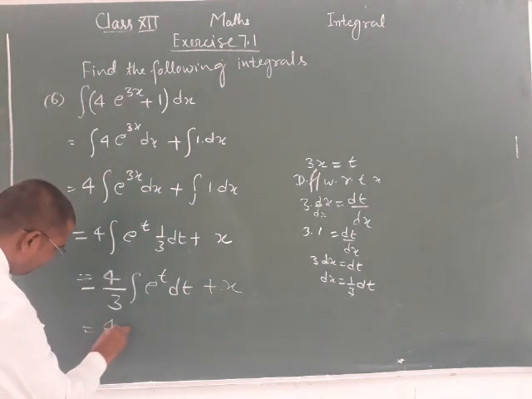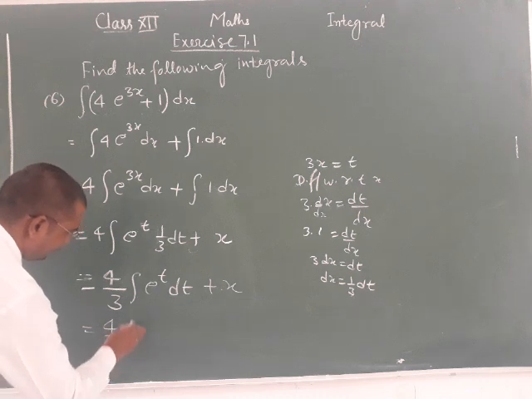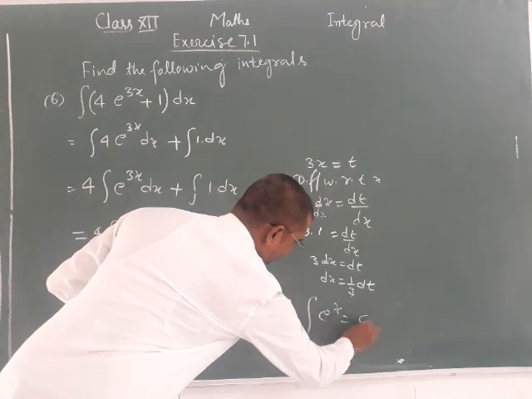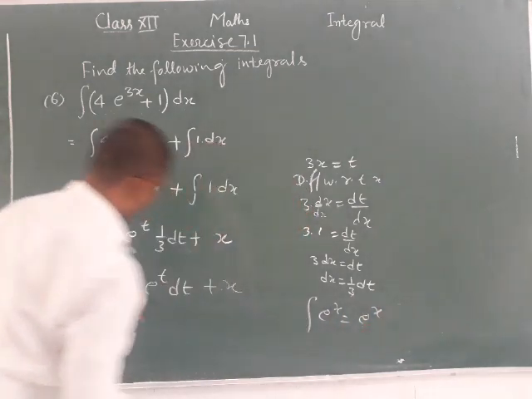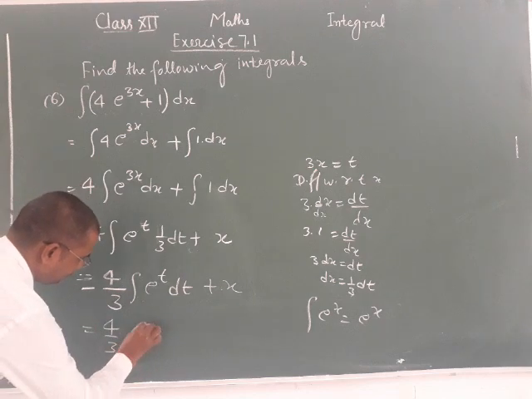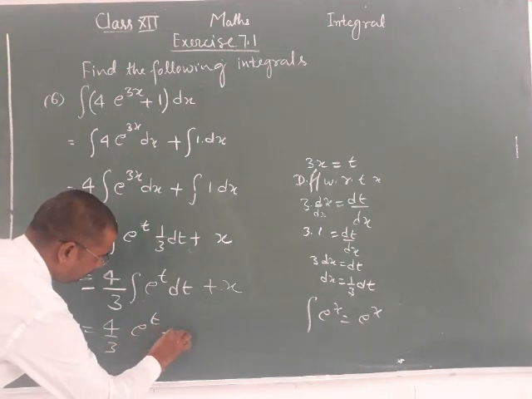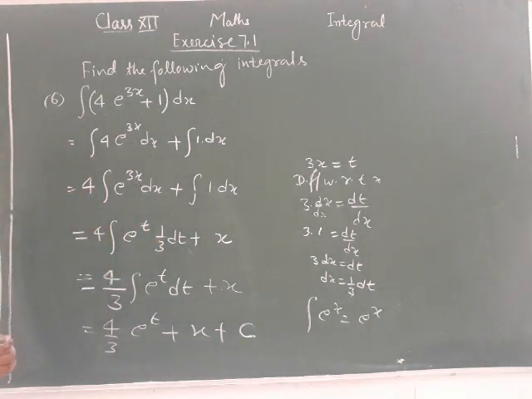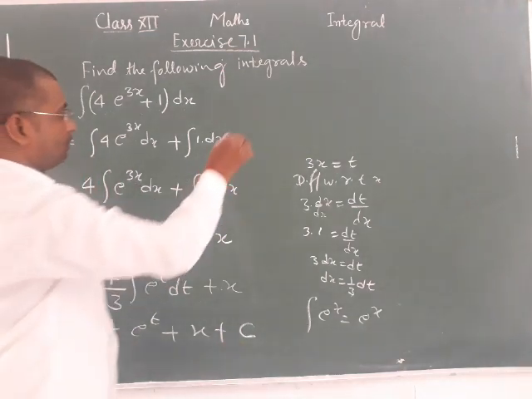So 4 upon 3, the integration of e raised to the power x is equal to e raised to the power x, so e raised to the power t, plus x plus c, an arbitrary constant added.